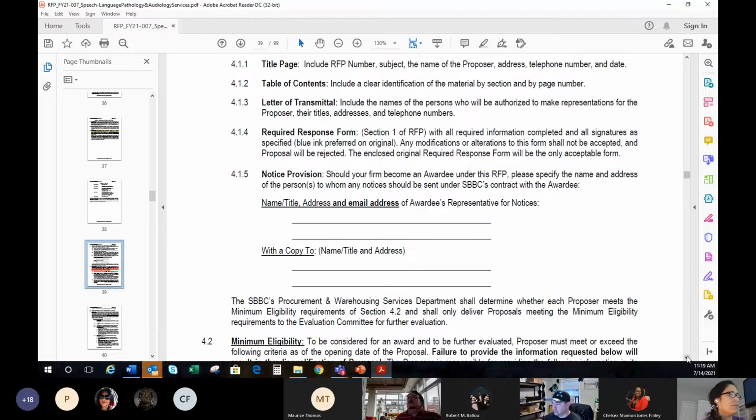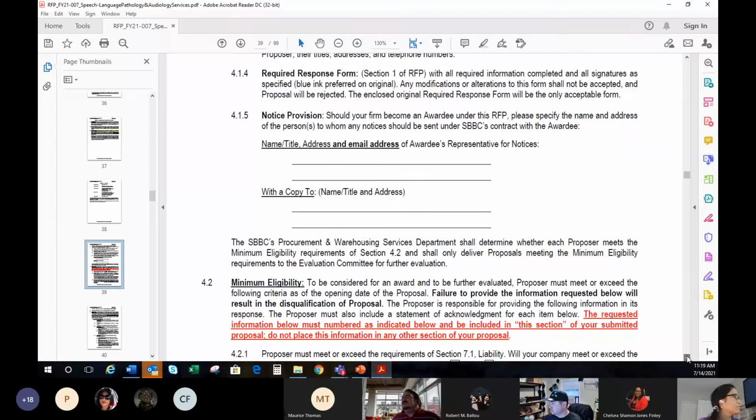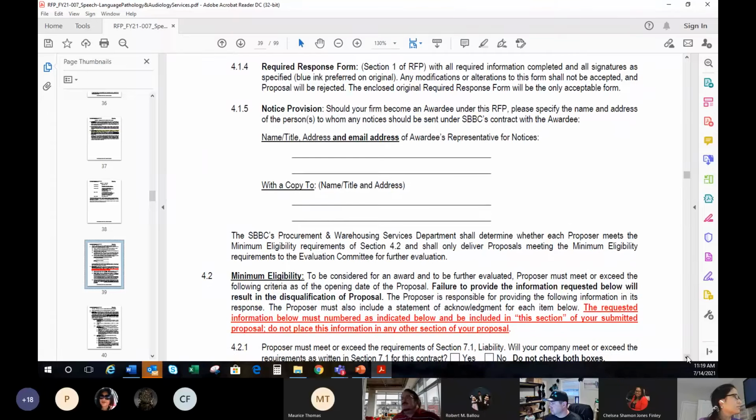So we do need the name, title, address, and email address of the awardee's representative for notices under the RFP. You can also provide a copy to the same thing. But mainly for the name and title, we do need the email address so we can contact you if needed.